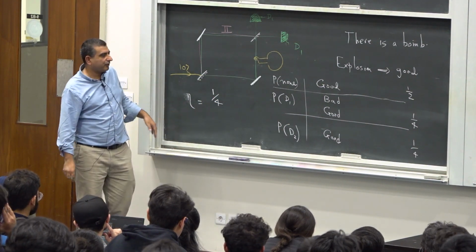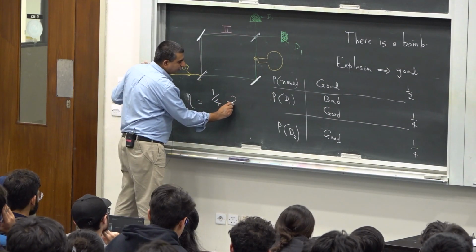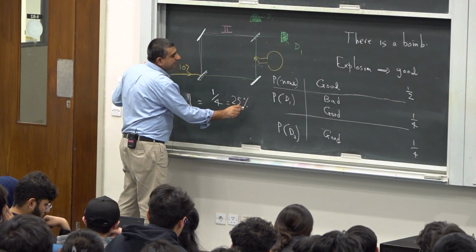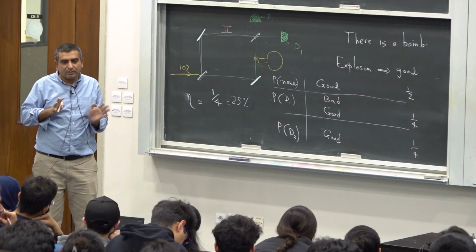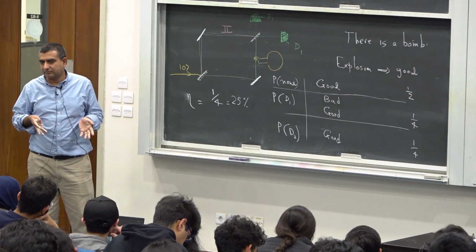So this is an efficiency of a measurement. In 25% of the cases, I can detect the presence of a good bomb without interacting with it. Got it?